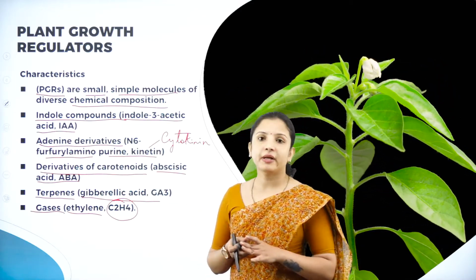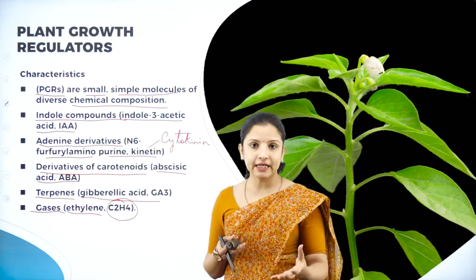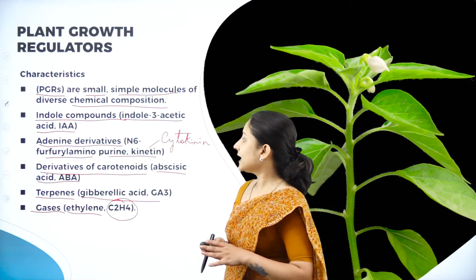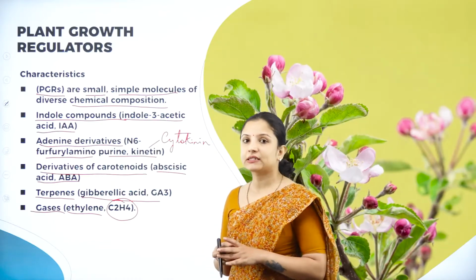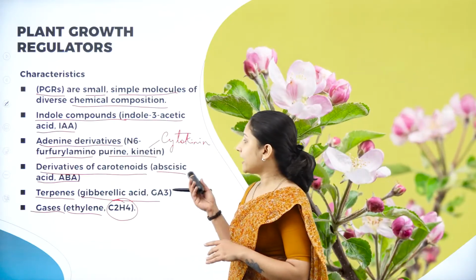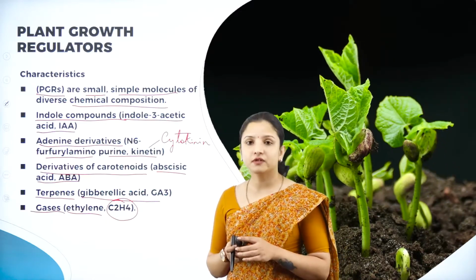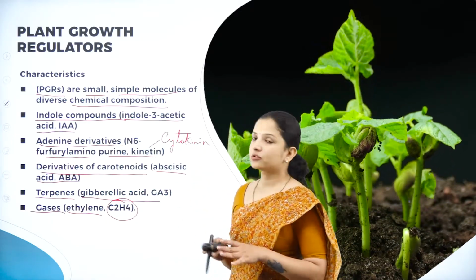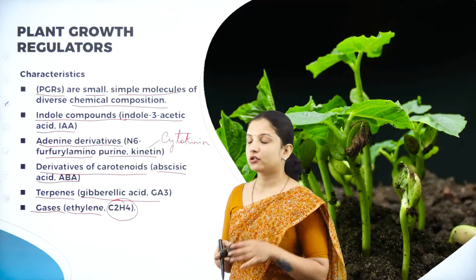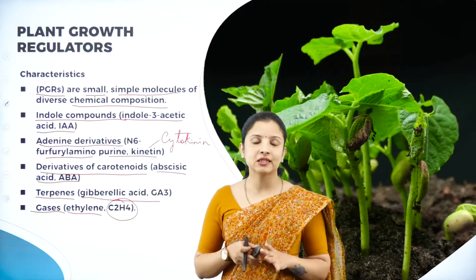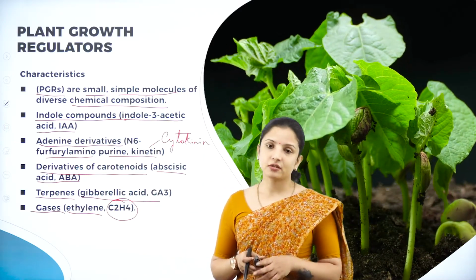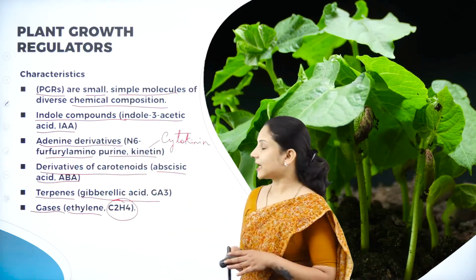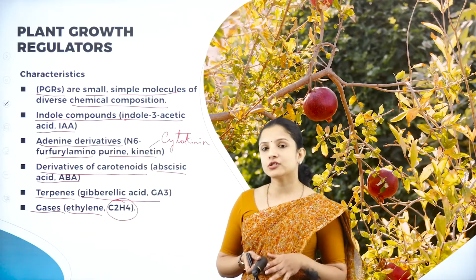Some are adenine derivatives such as N6-furfuryl aminopurine, and kinetin, which is called cytokinin. Some are derivatives of carotenoids such as abscisic acid, ABA, and some are derivatives of terpenes such as gibberellic acid, GA3.